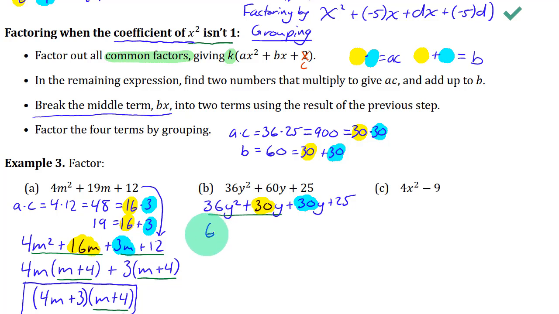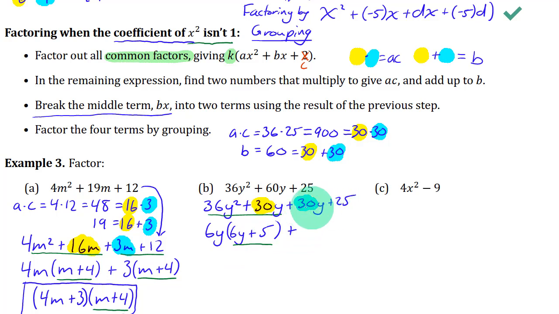You can factor out a 6y. We have y plus 5 left over, 6y times y. Wait, oh, that's not right. How about 6y times 6y makes 36y squared. There we go. And 6y times 5 is 30y. So we got that one.